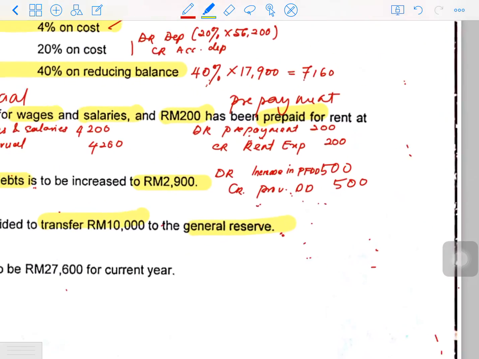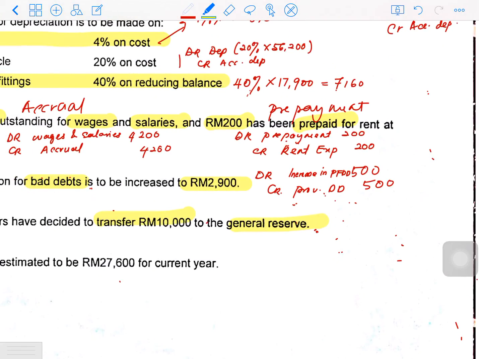So the double entry for the transfer is debit retained earnings 10,000 and credit general reserve 10,000.